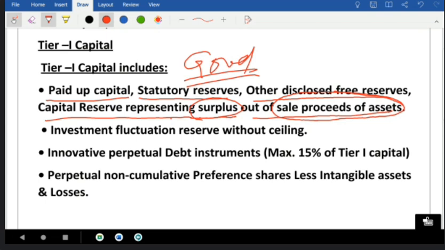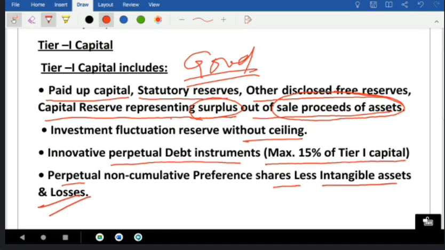Then other than this, investment fluctuation reserve without ceiling, innovative perpetual debt instrument, but this must be maximum 15% of tier 1 capital. Okay, and perpetual non-cumulative preference shares less intangible assets or losses.